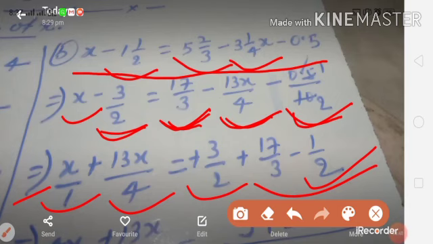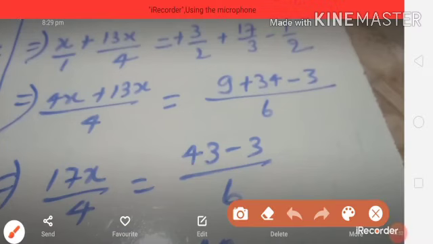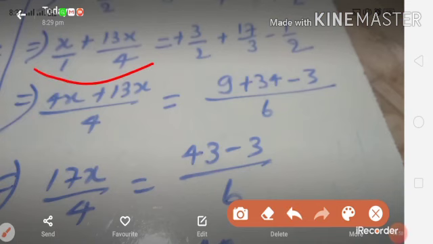So go for the simplification. You see that this is the same term, that is x, and first of all we take the LCM of 1 and 4 and divide by 1, and we find 4x, and when we divide by 4 we find 1 into 13x, we find 13x.